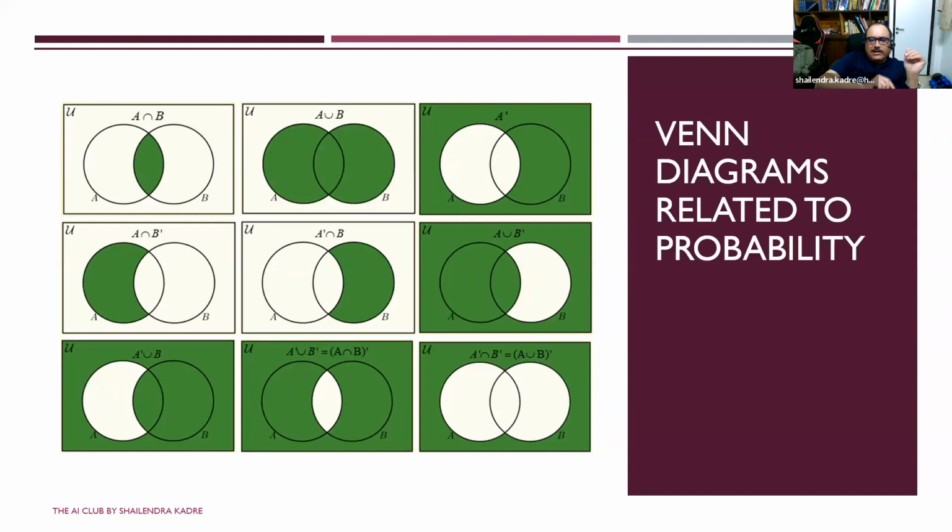Why is it the green area? A dash means everything out of A, B dash means everything out of B, right? So you cannot include anything from A, and you cannot include anything from B. So the intersection will be the outside green area, right? Got it?